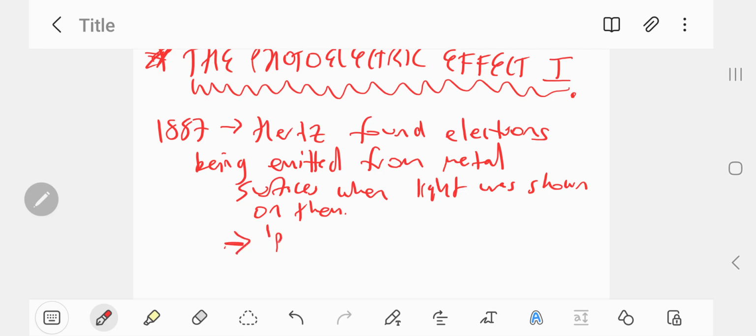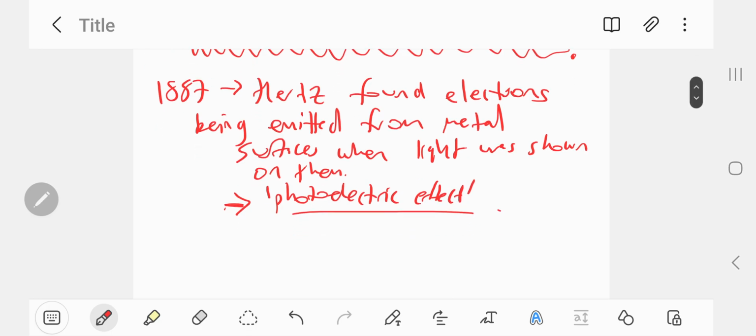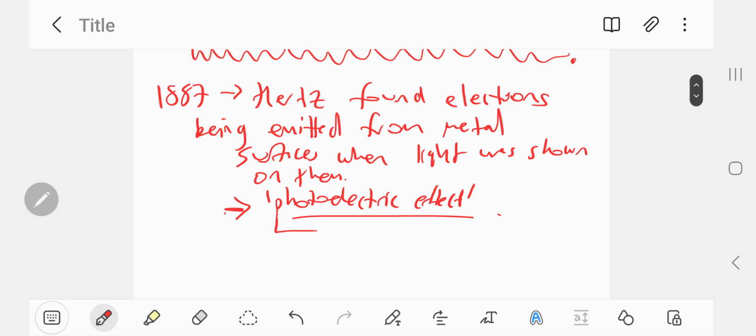And this is known as the photoelectric effect. Photo means light, and electric is to do with electricity. So he found that you would get electricity from shining light onto metal surfaces.